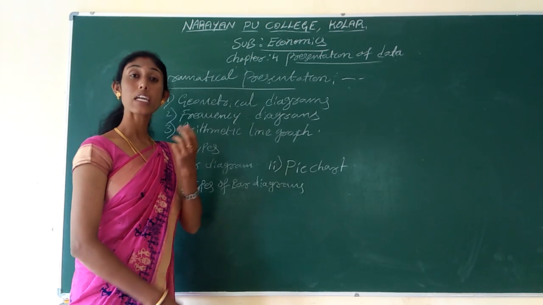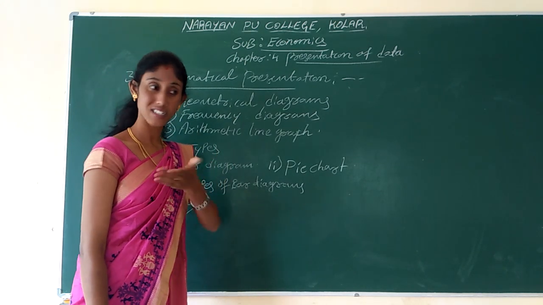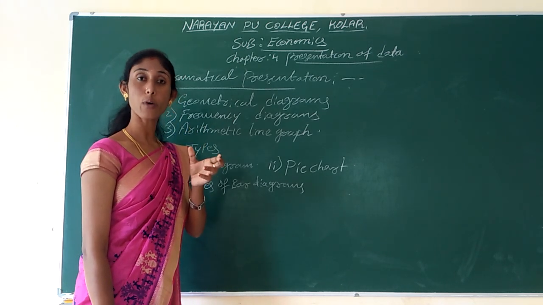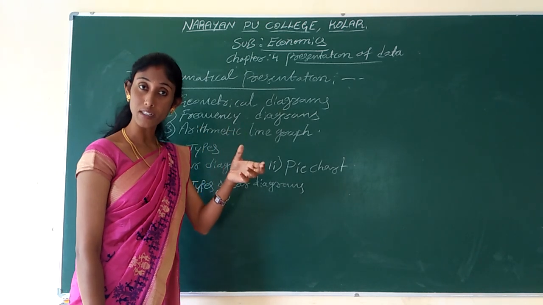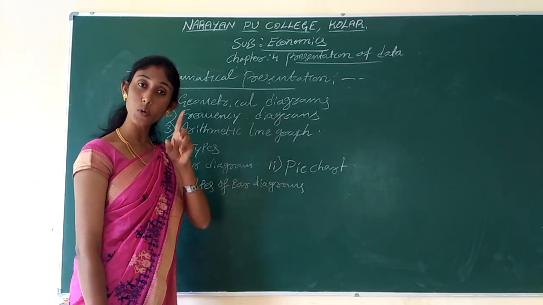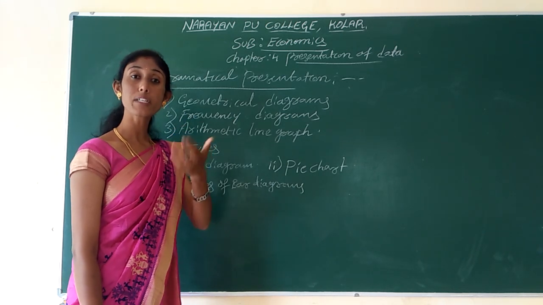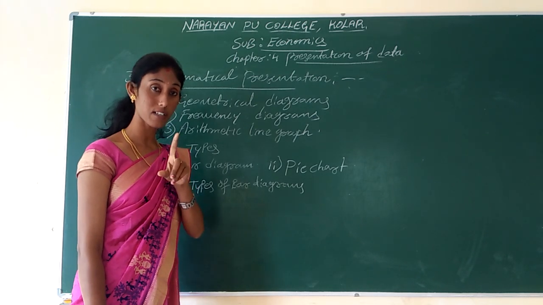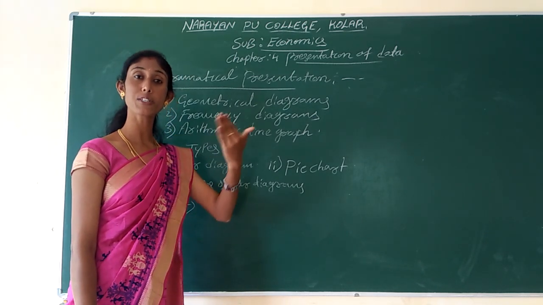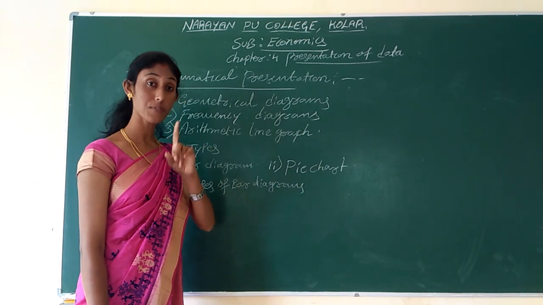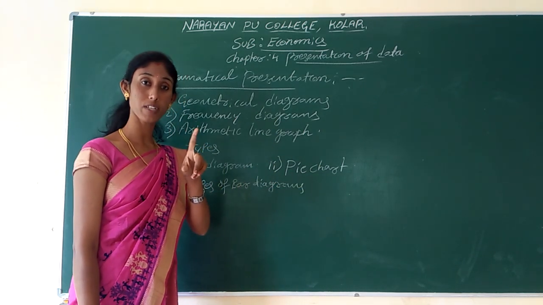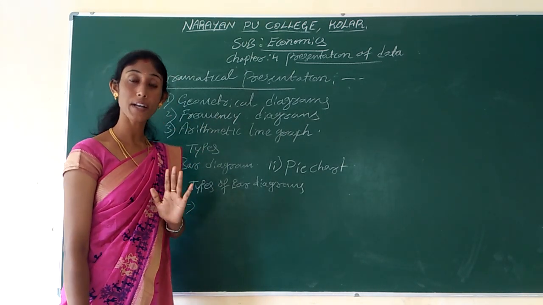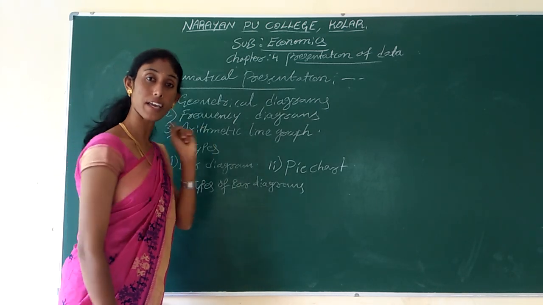For example, if you want to present the income of a person in different months, we have only one variable, income, right? Likewise, the profit of a company is only one variable, or the expenditure pattern of a family, where we get one single variable, expenditure, or the population rate of a country, where we have only one variable, population.